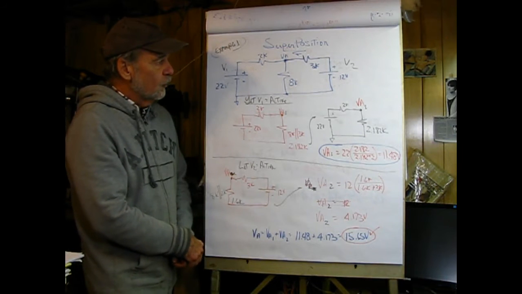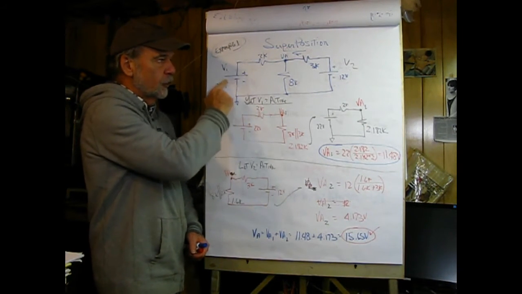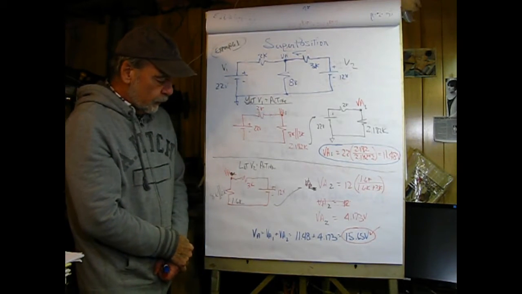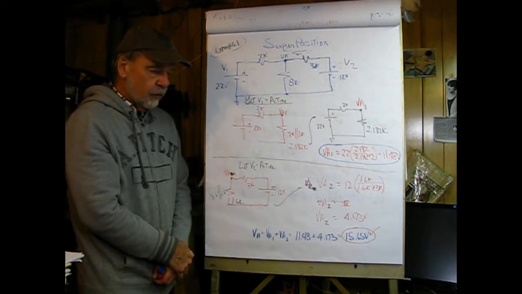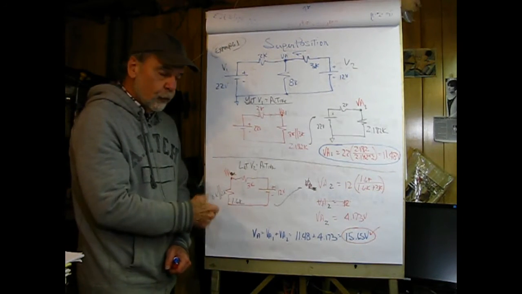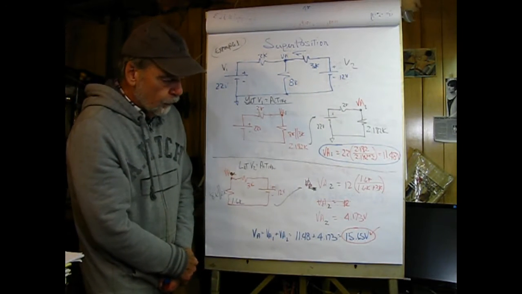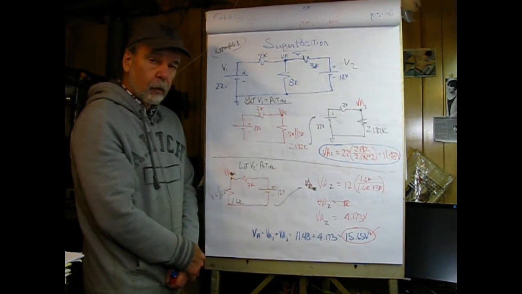Looking into this, I see I have 8K in parallel with 2K because of the short circuit here, and taking those in parallel we get 1.6K. So for VA2, using voltage divider again, it equals 4.173 volts.